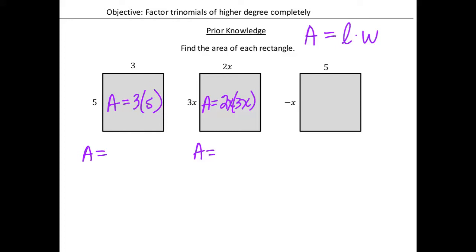You know what 3 times 5 is? 15. So our area is 15. For the second one, what did you get for your area? 6x squared. 6x squared, thank you. And for the last one, what did you get? Negative 5x, thank you. So that's the area for all 3 of those.